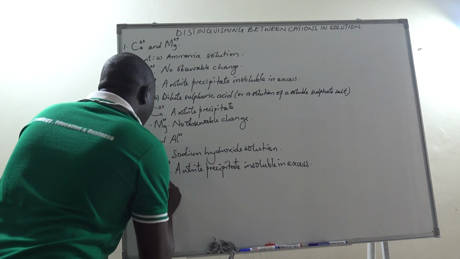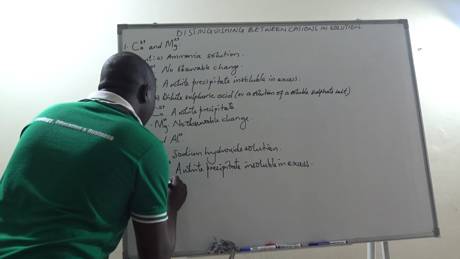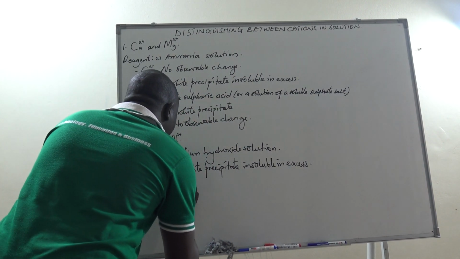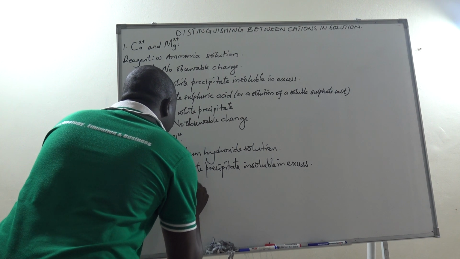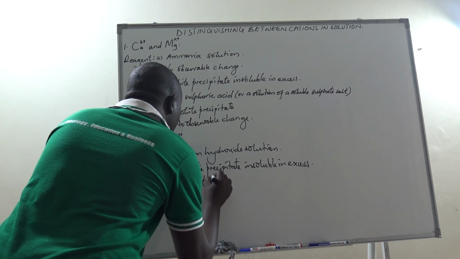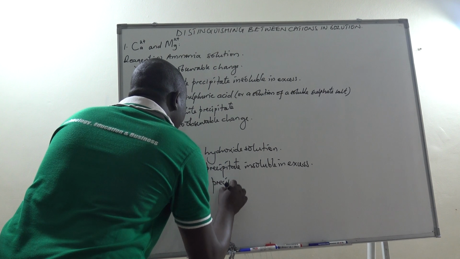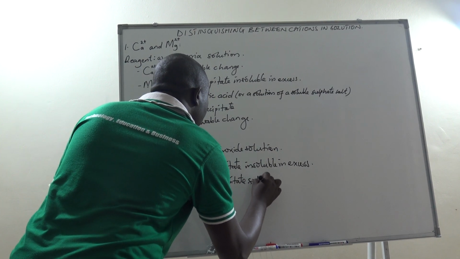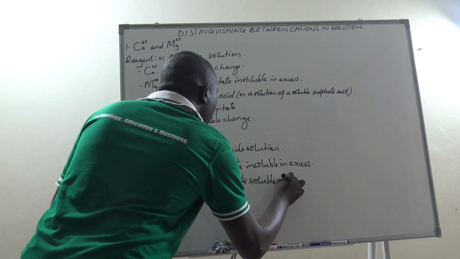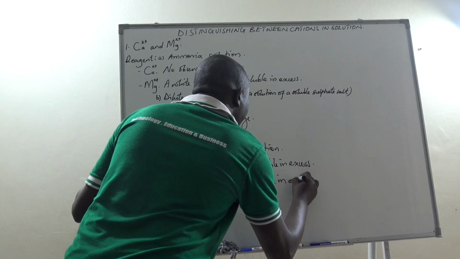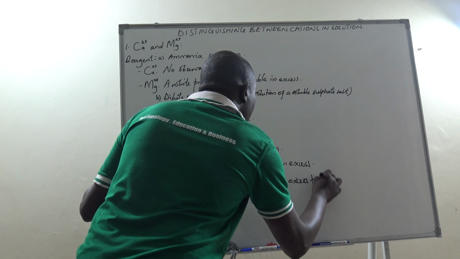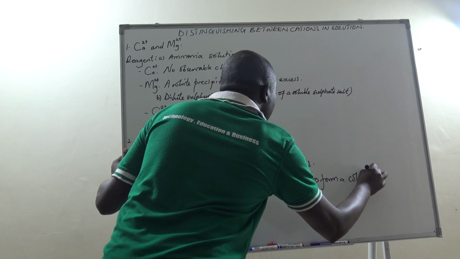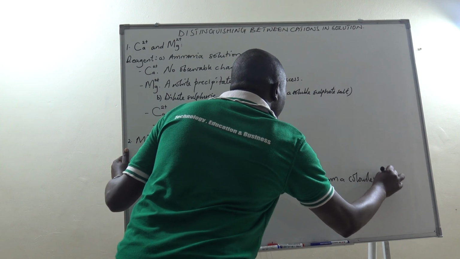Meanwhile, the aluminium ion, as part of zinc, aluminium and lead 2 ion, ZAP, that we saw with sodium hydroxide solution, we get a white precipitate soluble in excess to form a colorless solution.